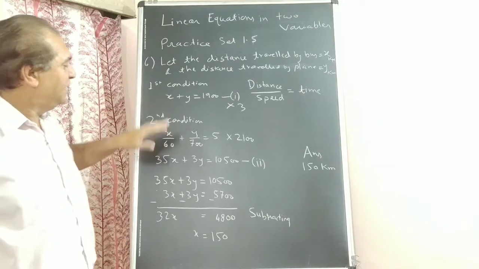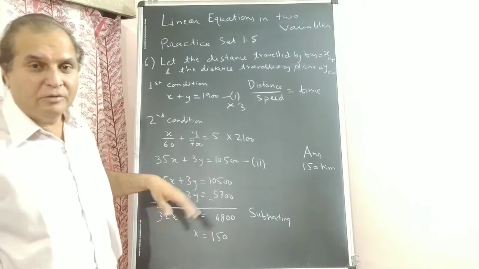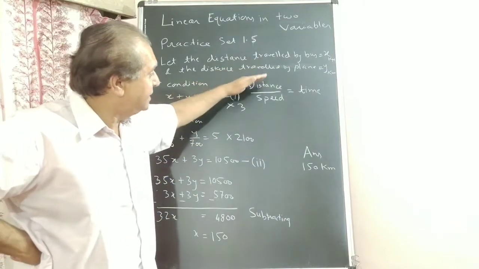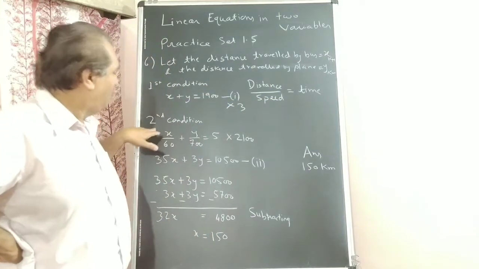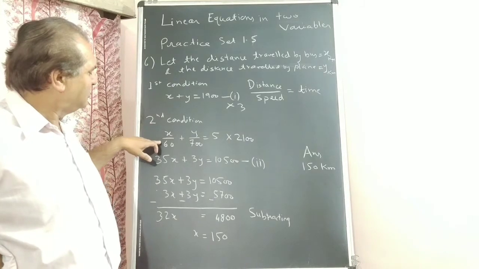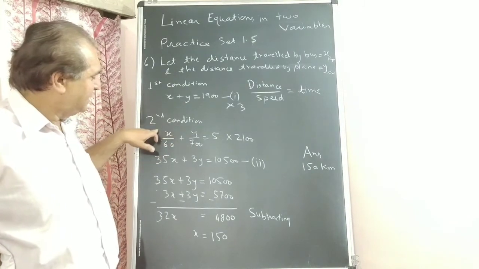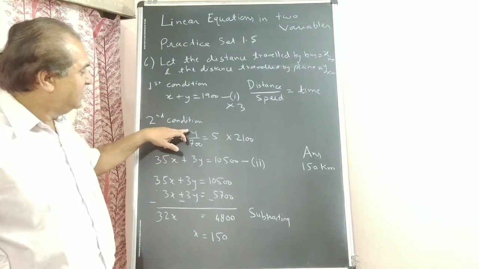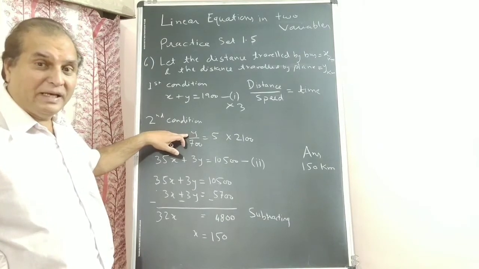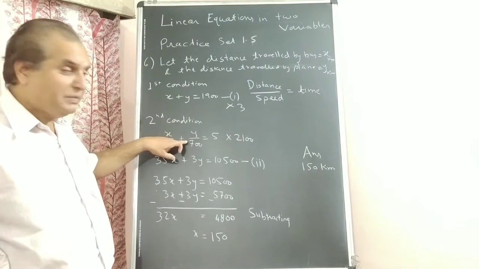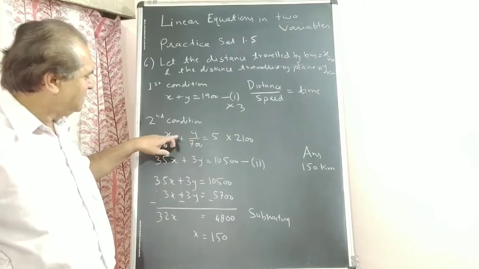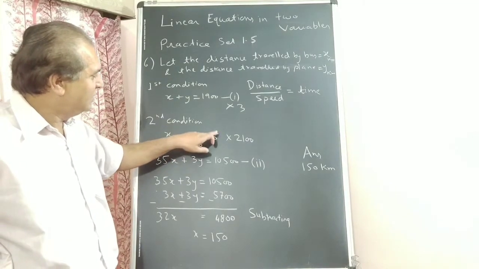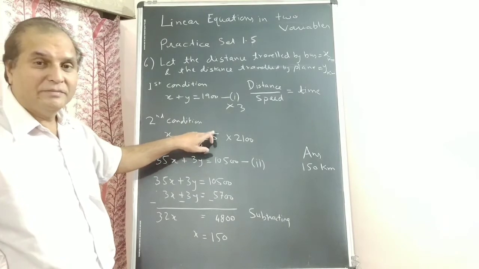For the second condition, we are using one relation: distance upon speed is time. So time of bus, distance x upon speed 60, plus time by plane, distance y upon speed 700, equal to total time.